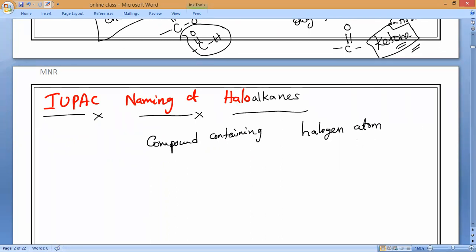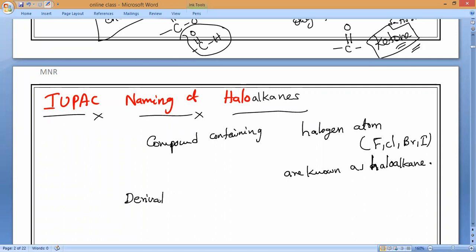Fluorine, chlorine, bromine, iodine. They are known as haloalkanes. They are the derivatives of alkane. That is why they are called haloalkanes.